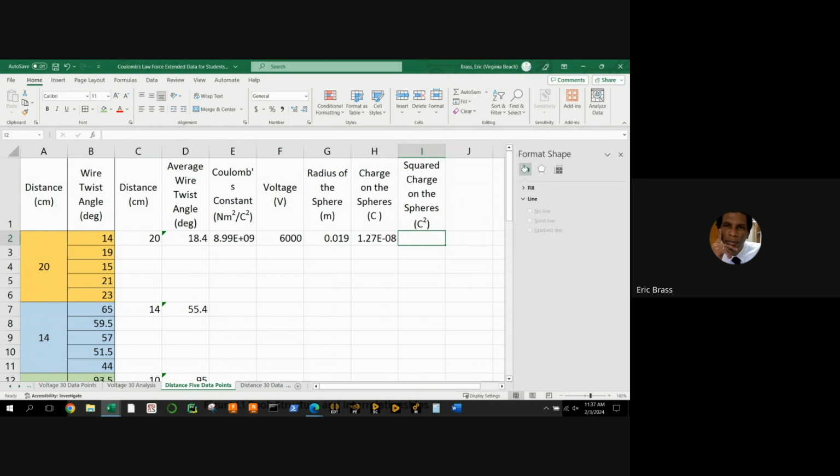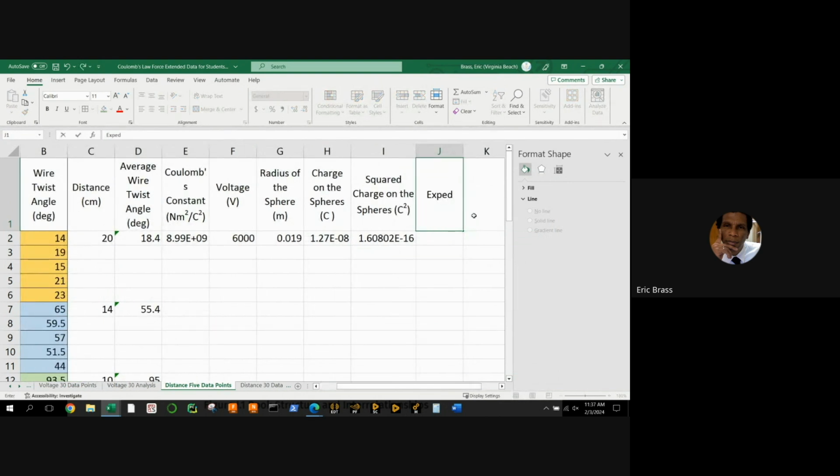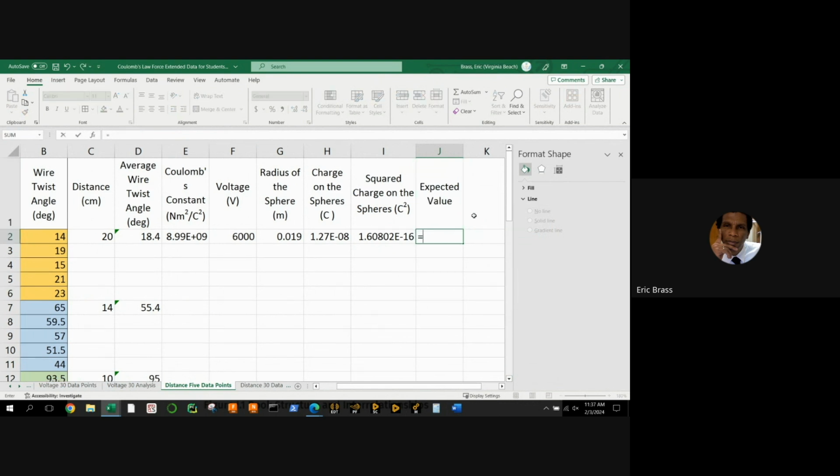All right. So that's just going to be equal to the power of this value, comma 2. All right. So this is the charge. So now we want to find what we're expecting. So this is our expected value. And this is just equal to Coulomb's constant times charge squared. This is the expected value.